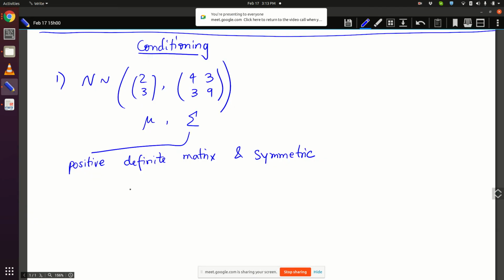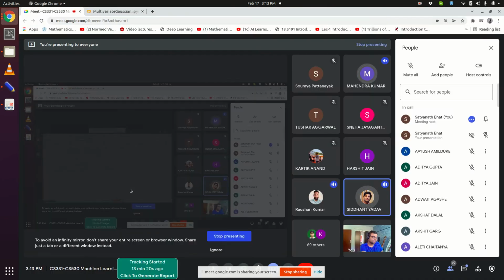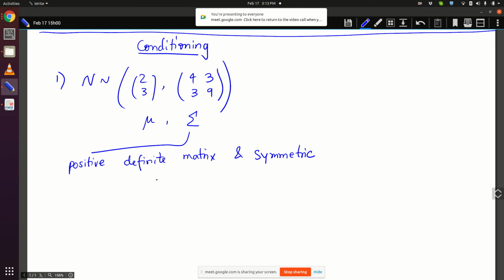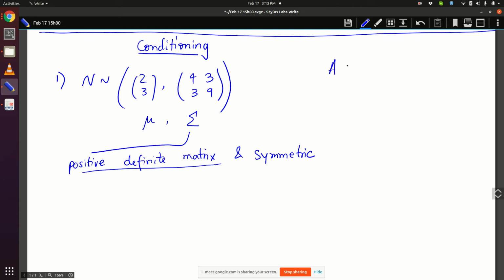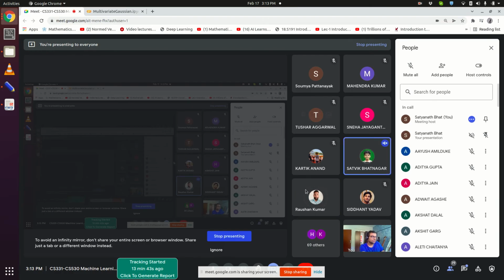Are all the minors positive determinant? Yes, that is true, that's a property of positive definite. What I'm asking is, you can take a matrix A and write the eigen decomposition. How do you write eigen decomposition for a general matrix A?